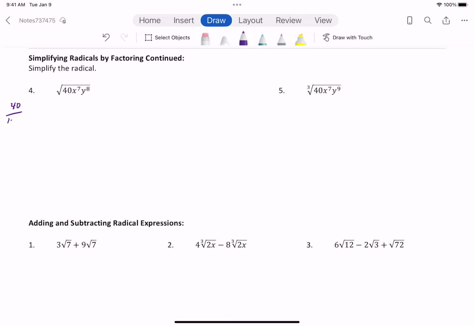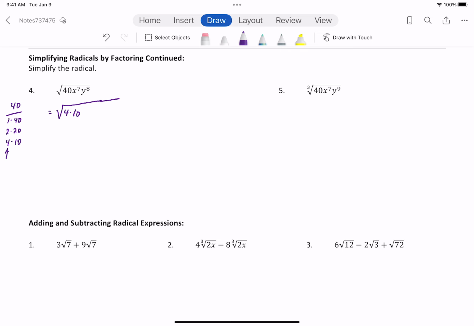If we write the factors, of course 1 times 40 isn't helpful. 2 times 20, neither one of those is a perfect square. I think the next one is 4 times 10, and the 4 is a perfect square. So I'm going to rewrite the 40 as 4 times 10.